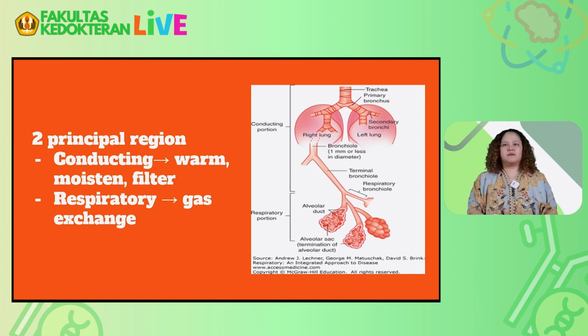From the diagram shown, the conducting portion is the trachea, bronchus, bronchioles, and terminal bronchioles. While the respiratory portion starts from the respiratory bronchiole, alveolar duct, alveolar sac, and alveoli.